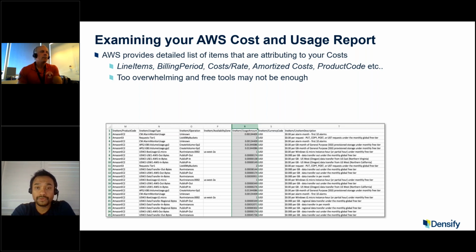So to understand how you're spending your cloud bill, the first thing you do is, in the case of AWS, or whether you go to Azure or GCP, is to actually look at the detailed billing reports. I'm focusing primarily on AWS, but of course, this is pretty much applicable to any other major cloud provider out there. So what AWS does is that they do a great job to give you what's known as a detailed cost and usage report.